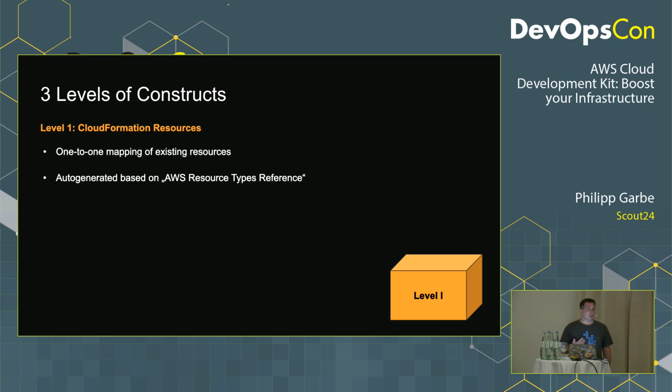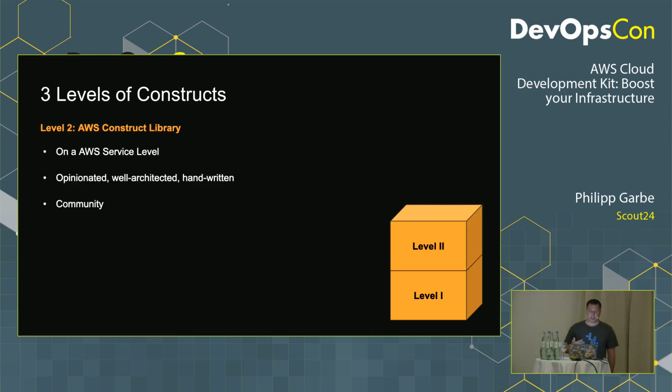And ideally, you don't have to deal with these level 1 constructs at all, because there's also level 2. Here it's more on the service level, for example ECS, S3, Lambda, and so on. They are opinionated, handwritten, mostly by the CDK team but also by the community, and they follow the well-architected framework.